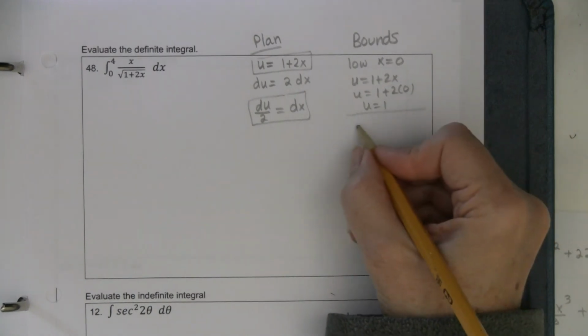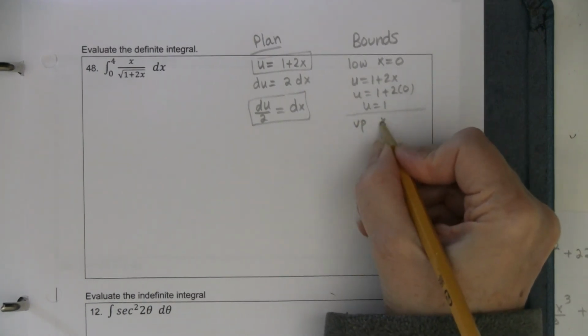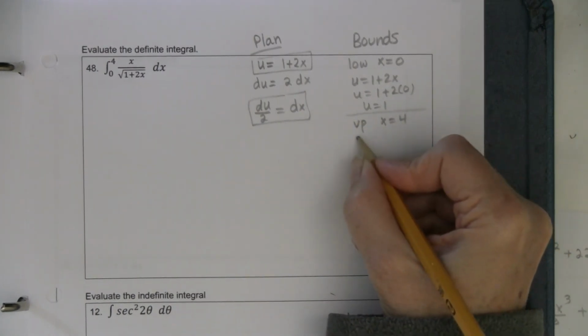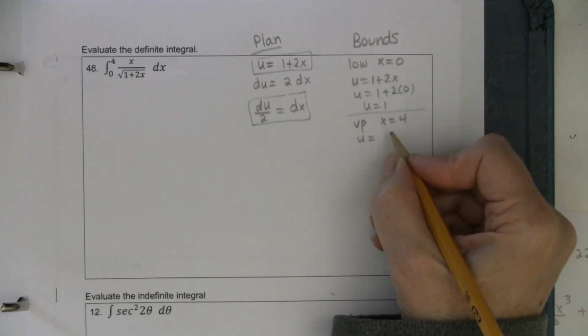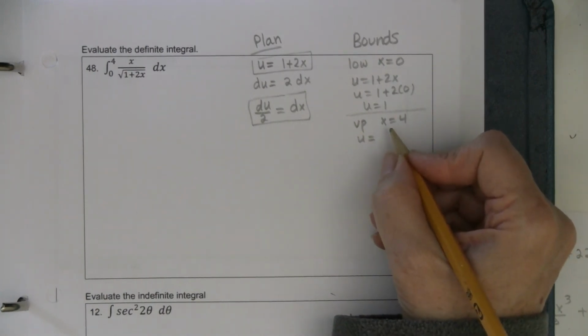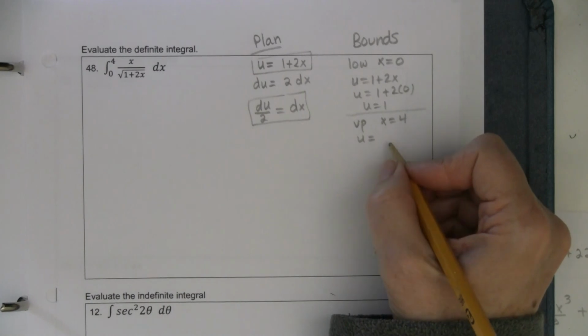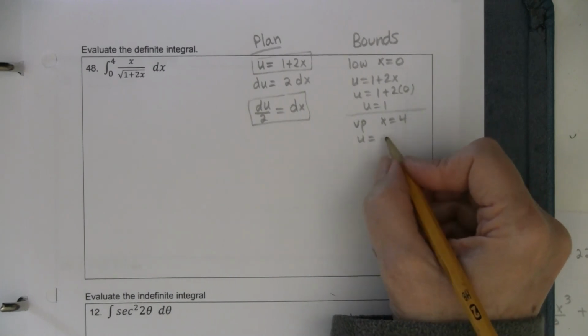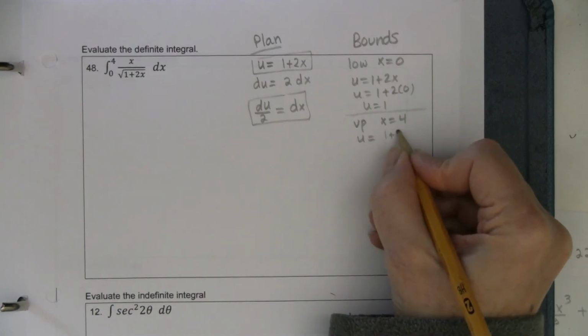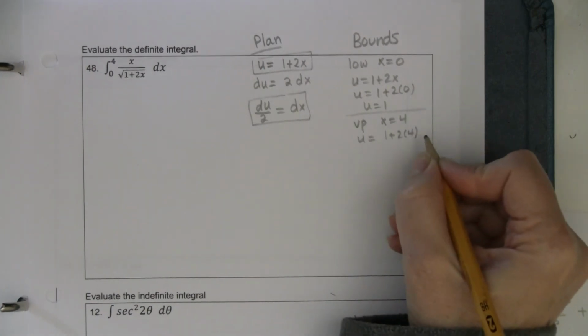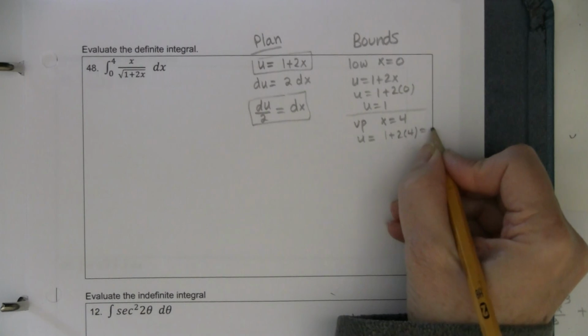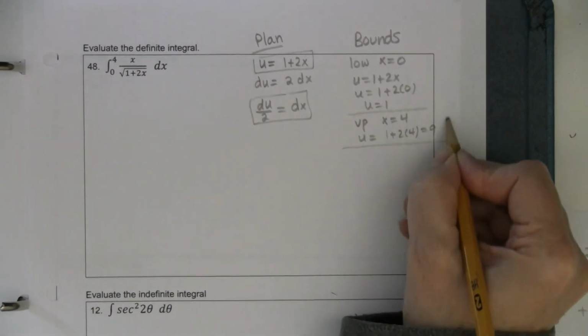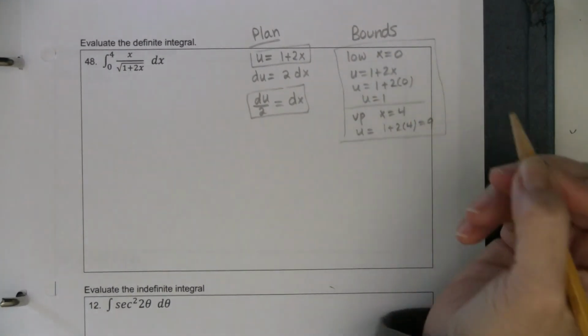And my upper bound is x equals 4. So when I convert it into U's, I'm converting everything into U's, and I'm going to stay with U. That's my plan. Convert everything into U's and stay with U. And so 1 plus 2 times 4, which is 9, right? So my upper bound is 9. So that's my plan with my bounds.